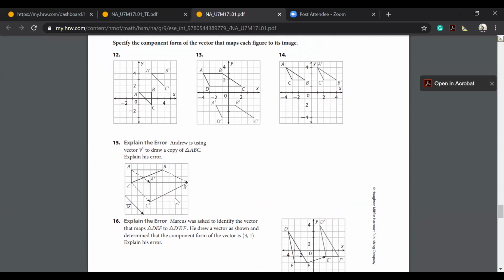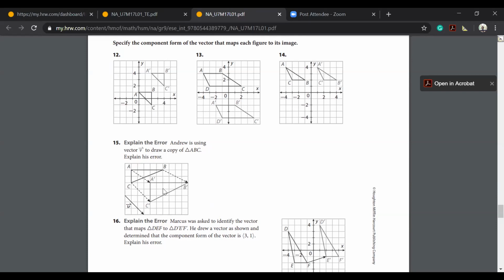Andrew is using vector V, this is my vector of translation, to draw a copy of triangle ABC. This is your original A, B, and C. And then he graphed this as an image. Explain his error.